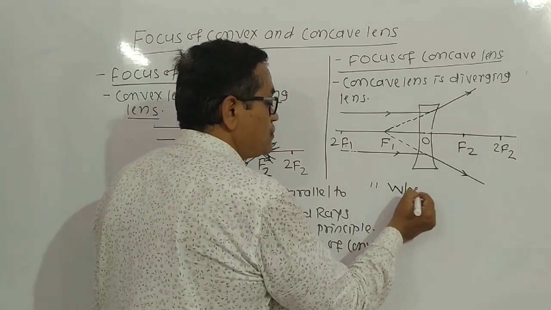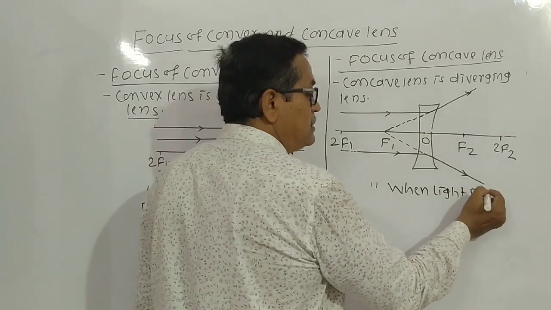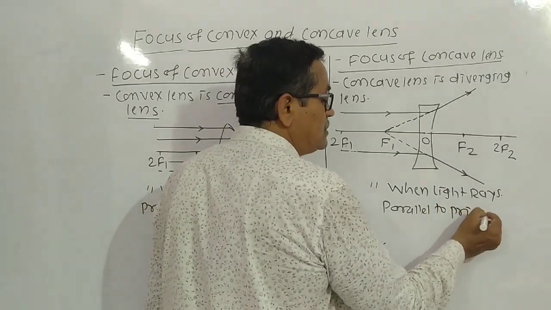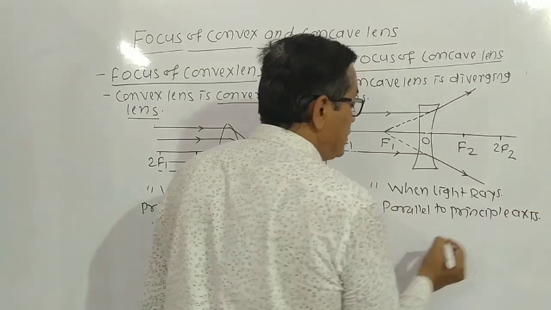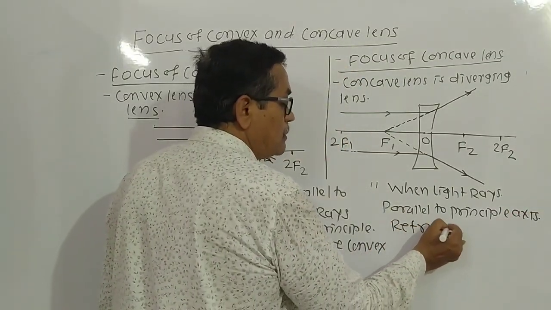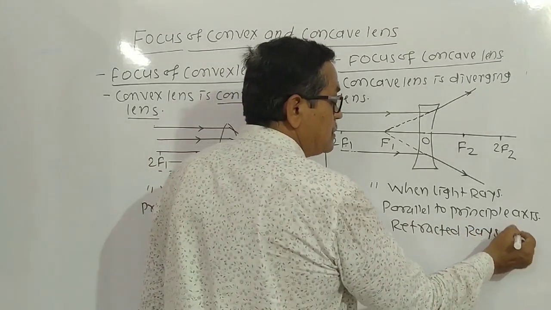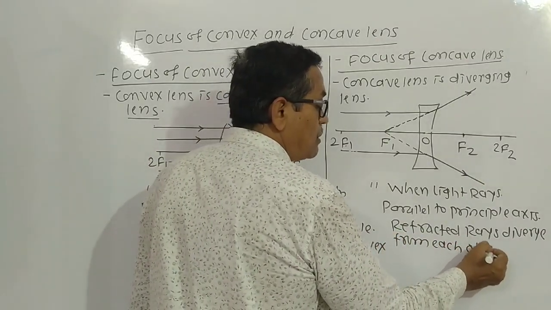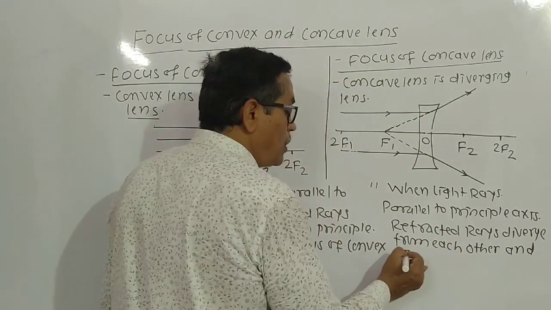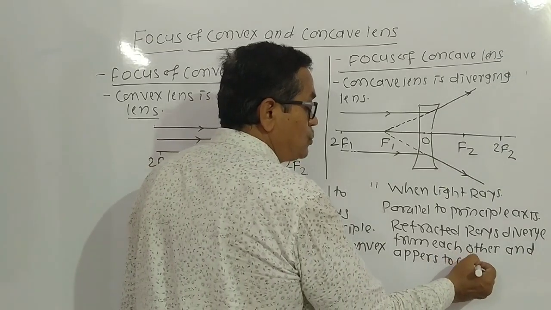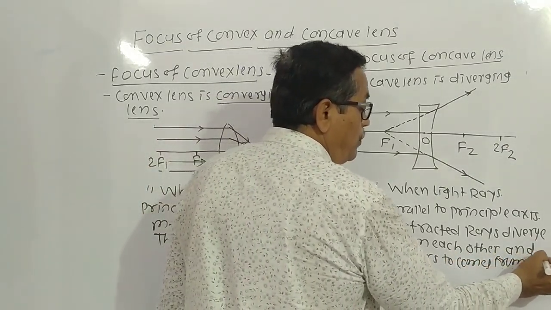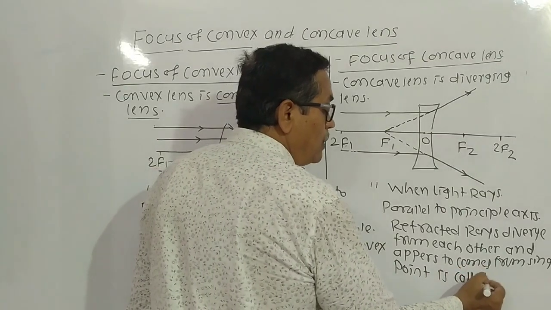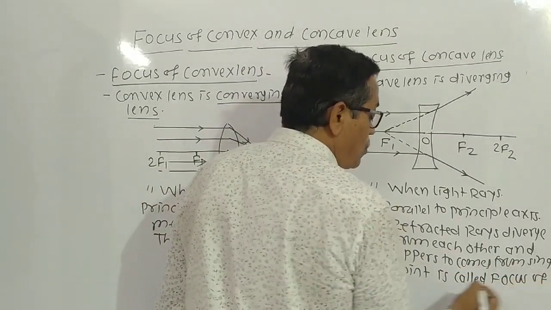When light rays parallel to principal axis, refracted rays diverge from each other and appear to come from a single point, that point is called focus of concave lens.